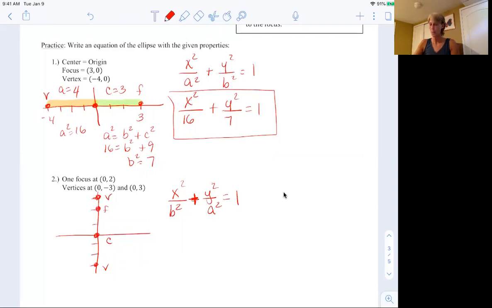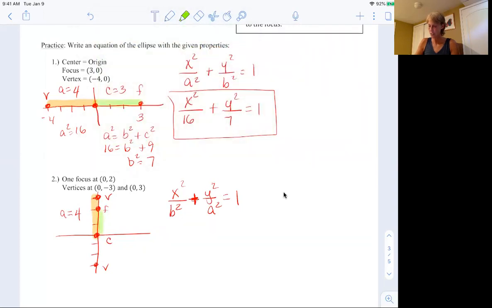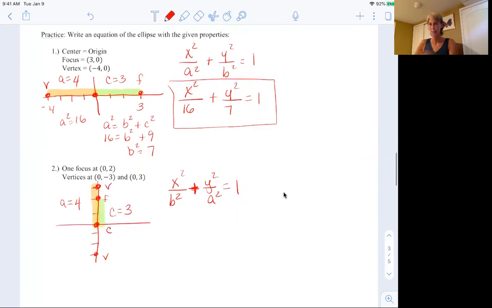Now I'm going to go on my picture. Distance from center to vertex is a. The distance from the center to the focus is my c value, and that's going to be 3 units. Now I'm going to kind of use this information to replace the variables, right, the a's and the b's, with numbers.